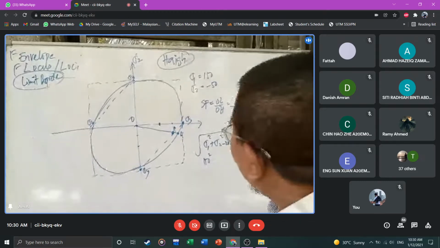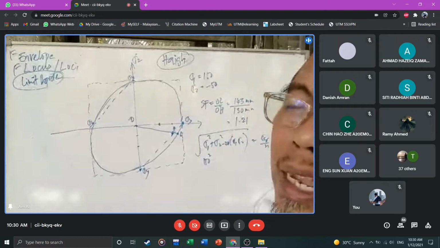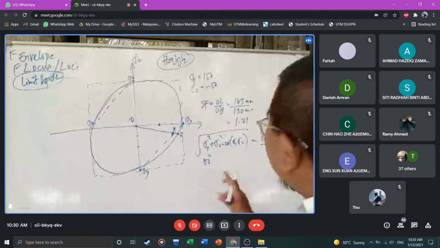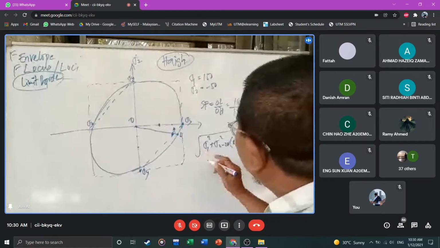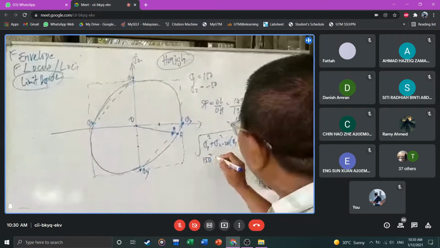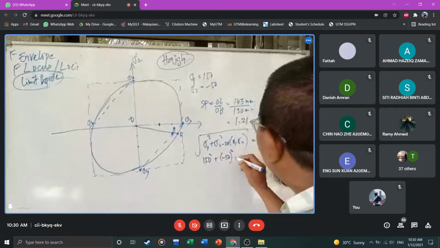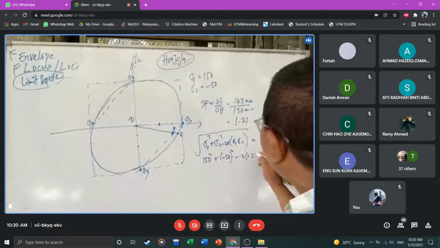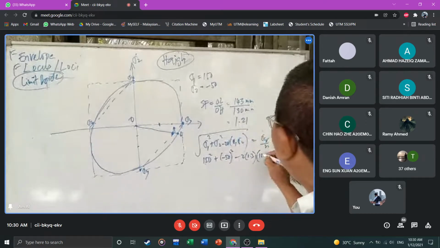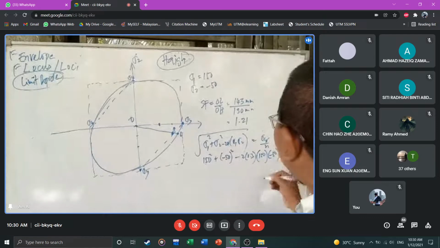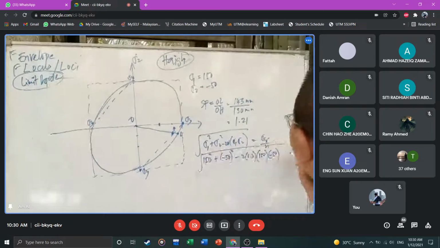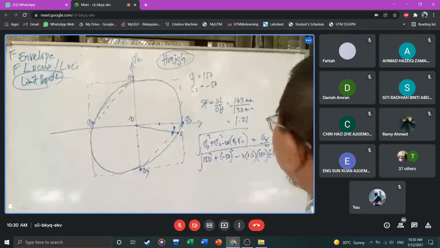For no mu is the von Mises, right? So this is 150 squared plus minus 50 squared minus 2 times 0.3 times 150 times minus 50. Then square root there. Then you compare with 200 divided by n, and then you get your n there.